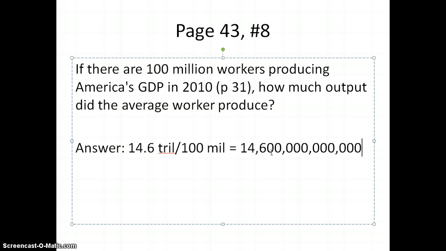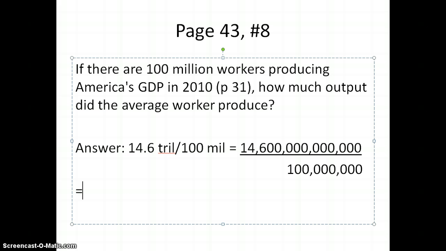So that is correct. And we want to divide that by 100 million. This one's a little easier to write out. So we're dividing those two. And that'll give us our answer.